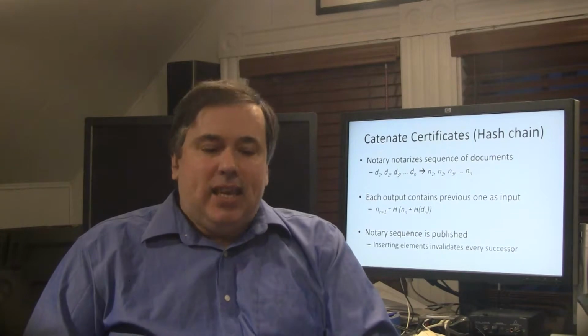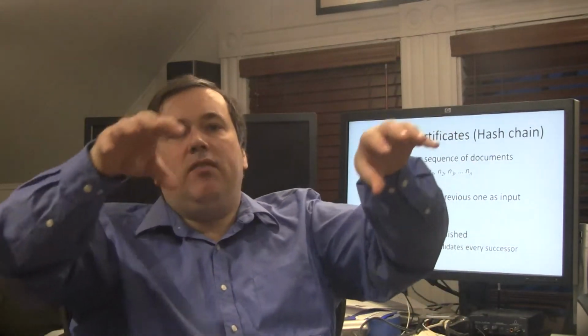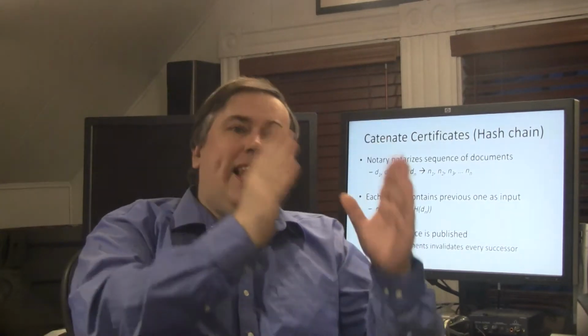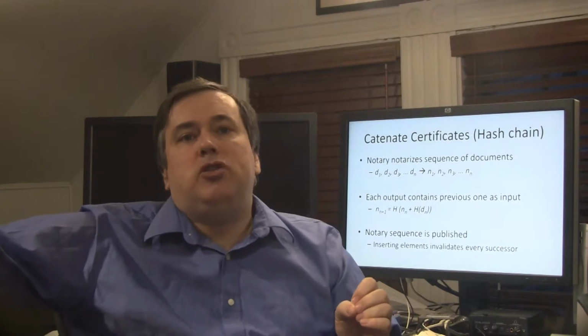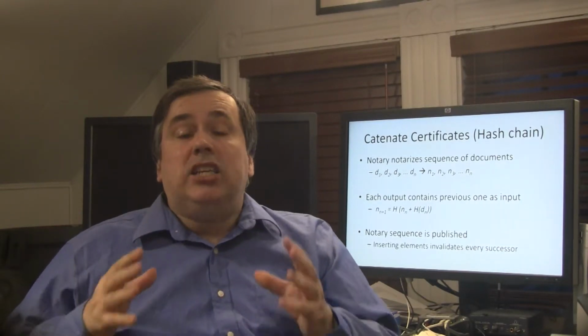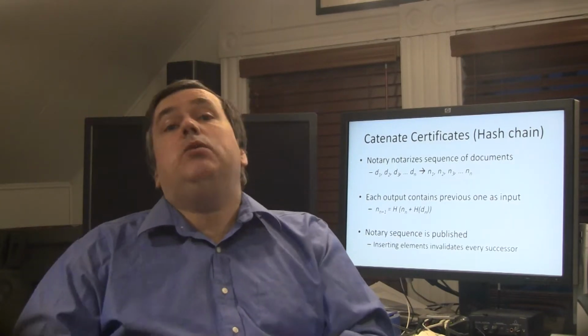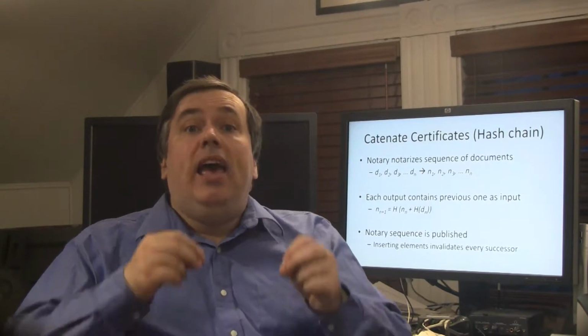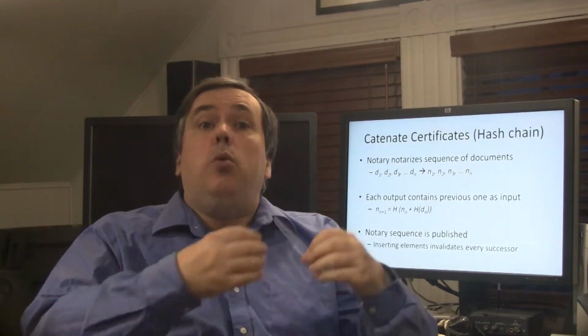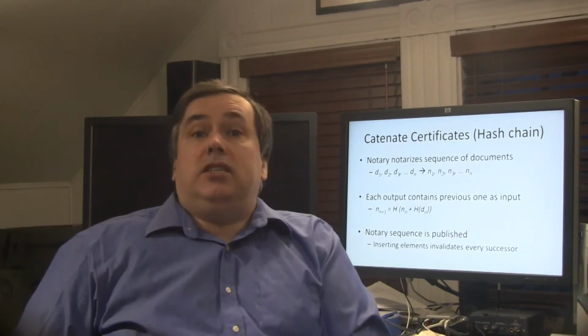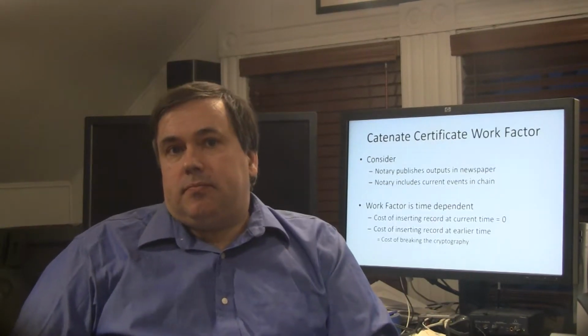What that means is that when you have a chain of these notarization blocks, it's not possible to modify any link in the chain without causing all the blocks that are downstream of the changed block to also change. And so if you publish the notary sequence at regular intervals, for example in a newspaper, it's not possible to change the notary sequence without invalidating all those published notary values.